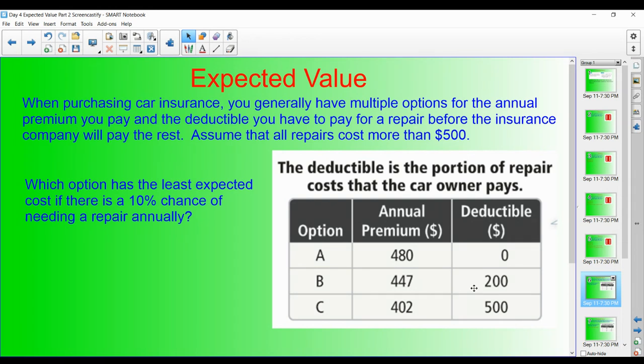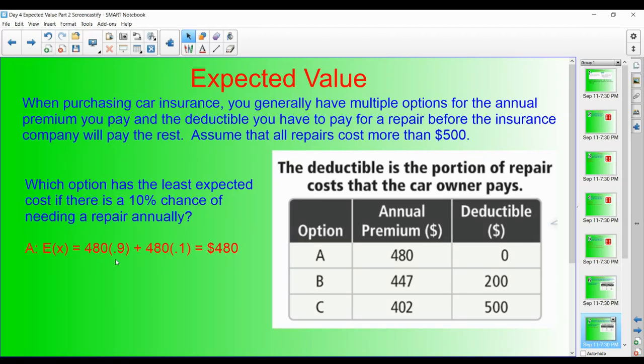If you get in an accident that costs more than $200, you pay the first $200 and then the insurance company pays the rest. Now if there's a 10% chance of needing repair annually, we can figure out the expected cost of each option to figure out, even though option A may be the most expensive up front, is it the most expensive in a year if there's an accident?